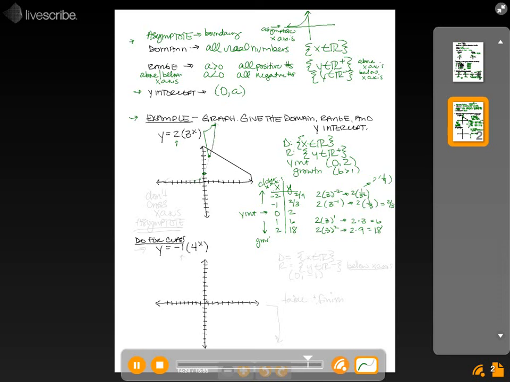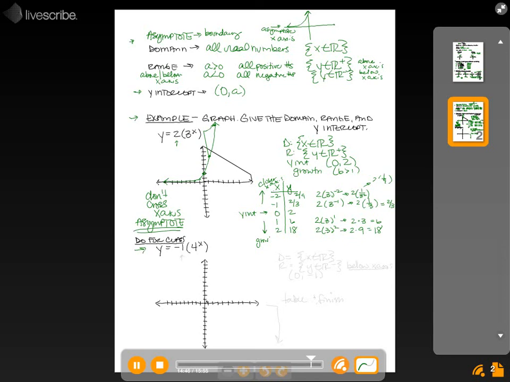Then we connect them. Remember, we do not cross the x-axis. Okay? It's the asymptote. And that's important. Okay? Now I've got another example here.